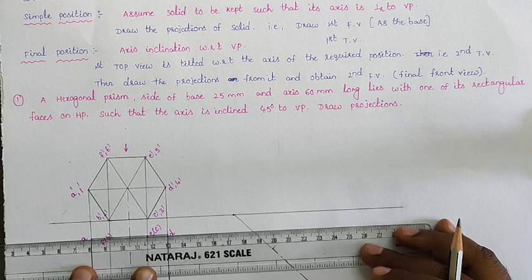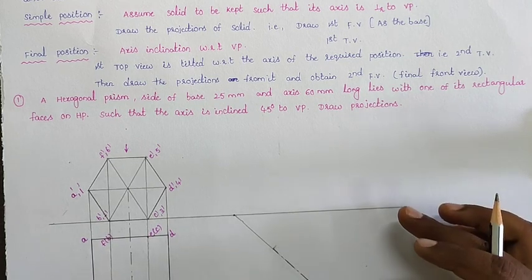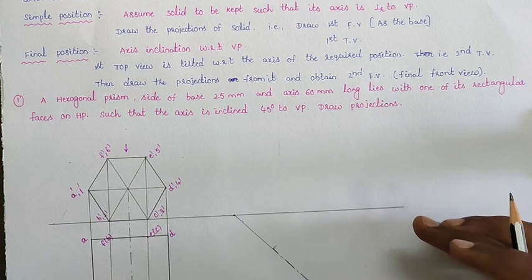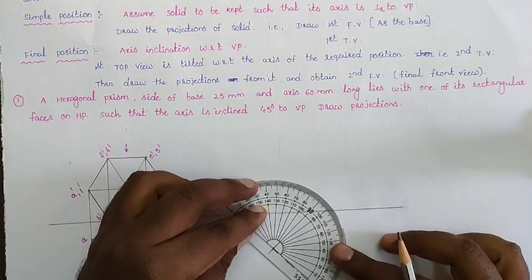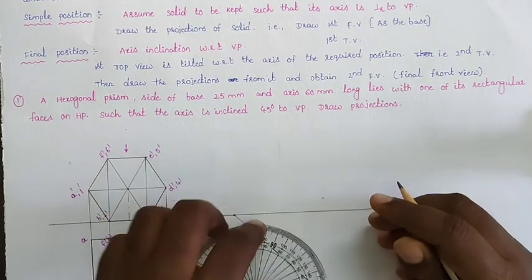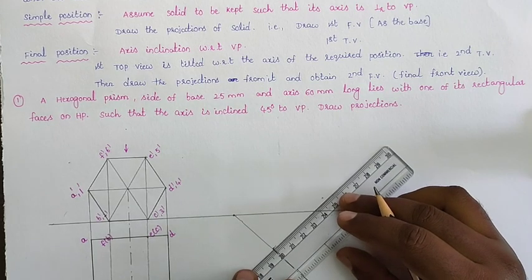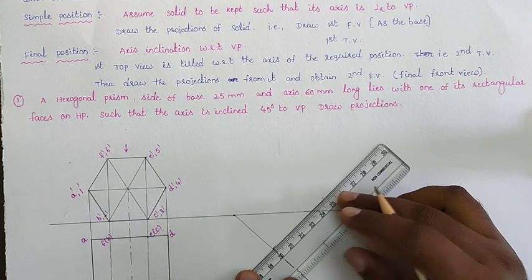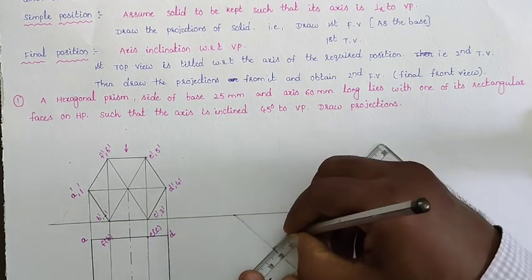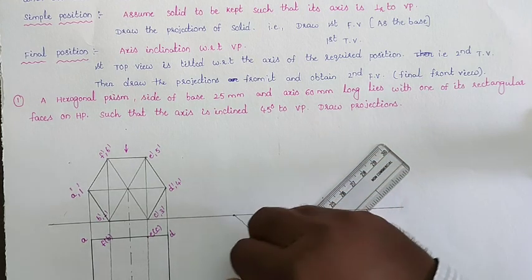So this distance is 50. This side you can take 30 and that side also you can take 30, and we will draw the base of that view.